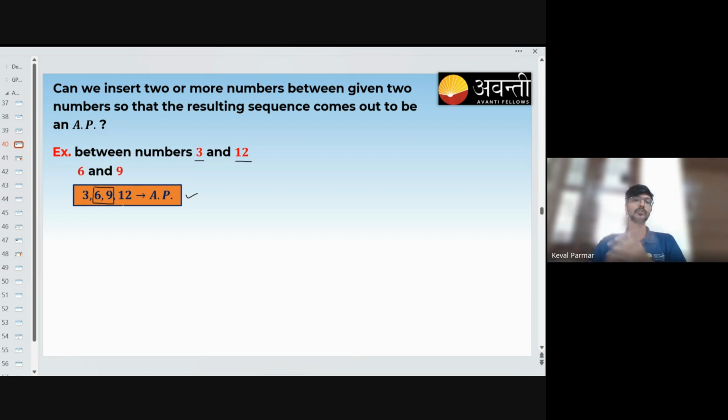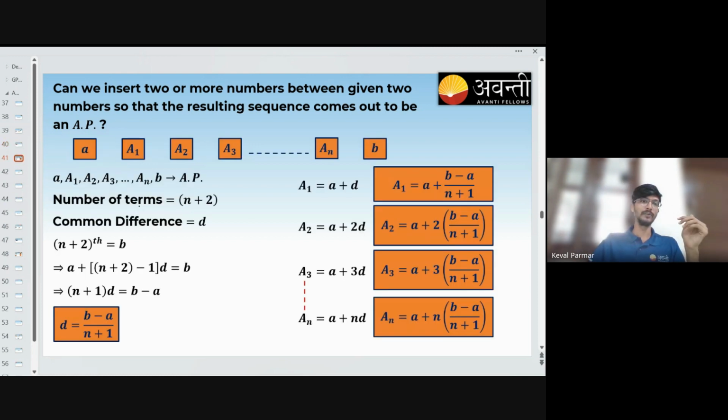Got it? So let's see in general how we can do that. Let's say between two numbers, A and B, I inserted n arithmetic means given by A1, A2, A3 and so on up to An. So my resulting sequence will become an AP.